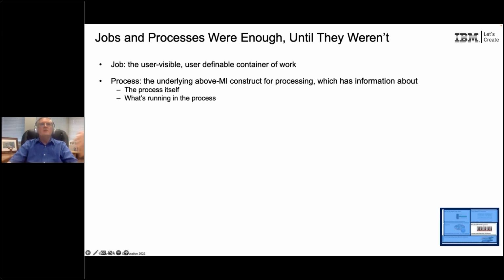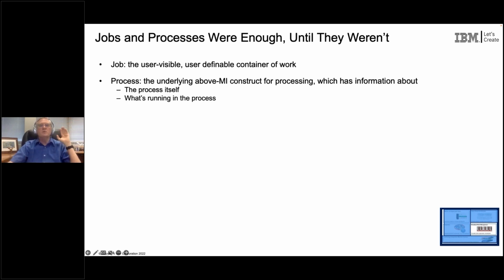There was another thing, however, that was happening, and that was, where do you run your programs? Architecturally, how does the operating system manage that running program? We had jobs in the original AS400 architecture, and of course there are still jobs today, okay? And within that job, there was a process, which was the implementation of the job in the rest of the operating system.